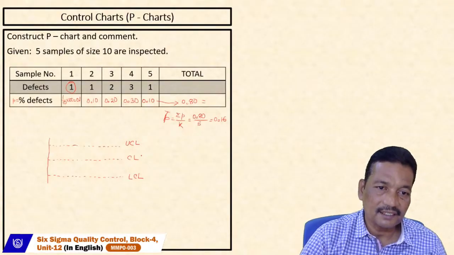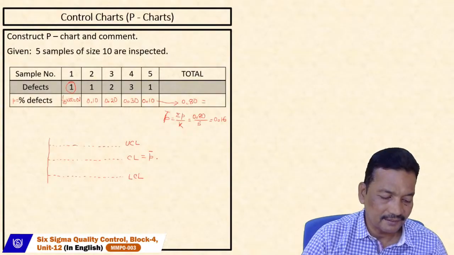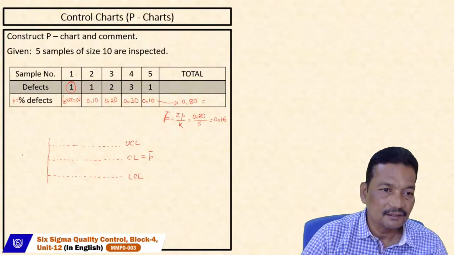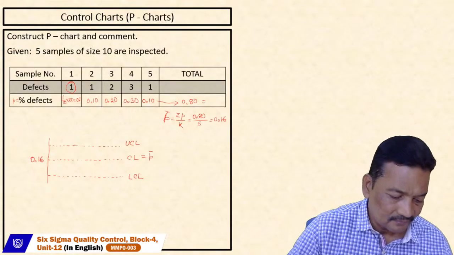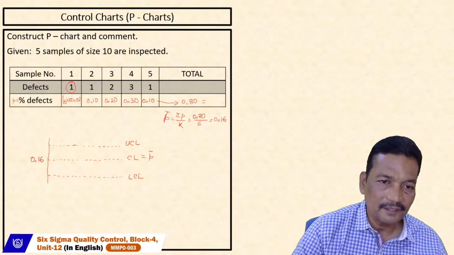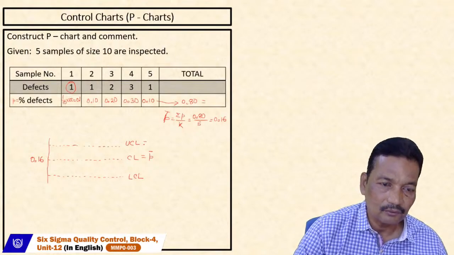Now this central line is P bar, or we can say it is 0.16.